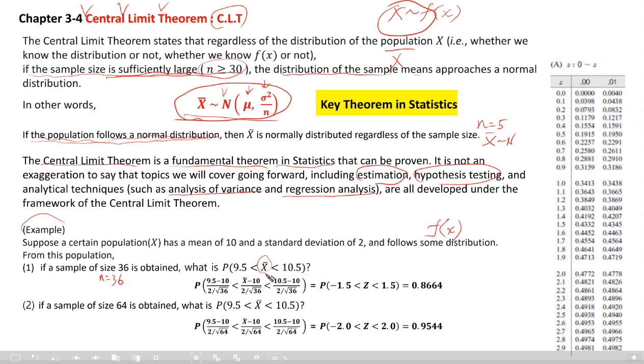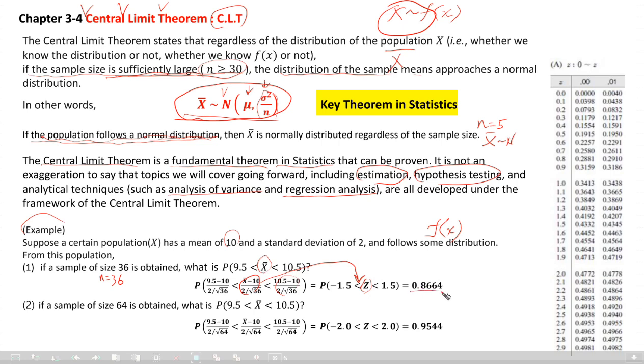So we standardize it. X bar minus 10, since the mean is 10, over the standard deviation 2 over square root of 36. Then 9.5, the same procedure, and 10.5, the same procedure. Then this comes to Z, the standard normal. The left side is minus 1.5, the right side is 1.5.